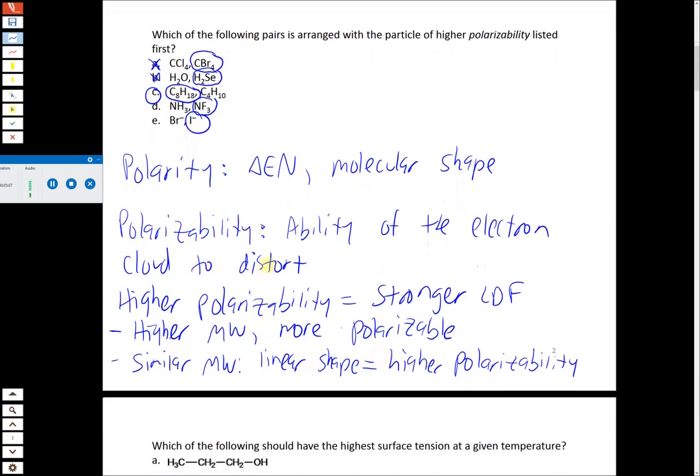Where the shape of the molecule would come in is, we talked about this in class a little bit. This is sort of tangential to this question, but if we had to compare these two molecules, let's say linear pentane, which has 5 carbons, or if we had to compare that to the isomer that has more of a spherical shape, so not stretched out in a line, but arranged in a sphere, this one here is going to have higher polarizability because of the longer shape of the molecule.